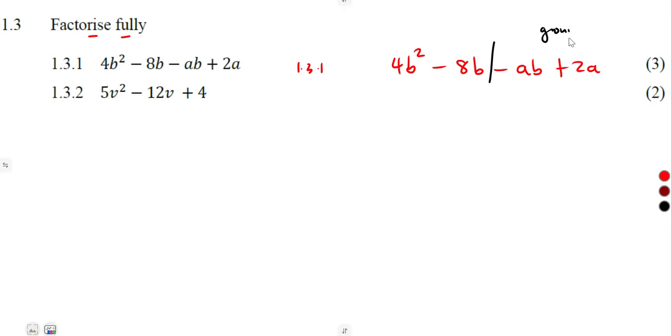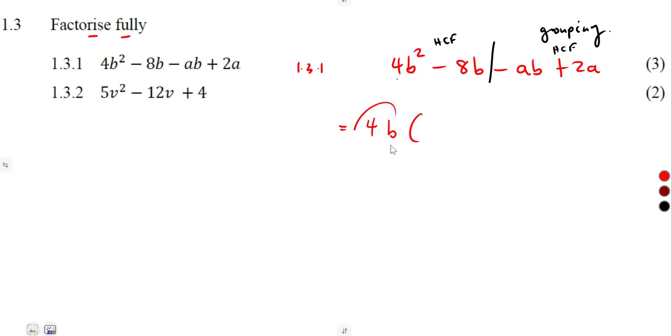Remember, in dealing with 4 terms, I told you guys, we apply grouping, where we can group our terms into 2 and factor out the highest common factor between these 2 terms and also between the other 2 terms, so that the brackets that you're going to have will be the same. You must have the same brackets. All right, so let's start with these 2 terms. Between 4 and 8, the highest common factor is 4. Between b squared and b, the highest common factor is b.